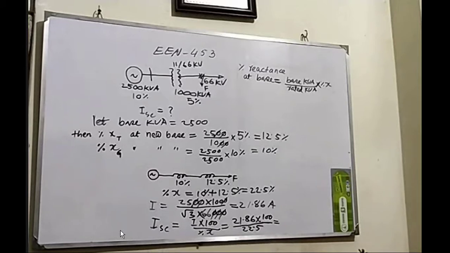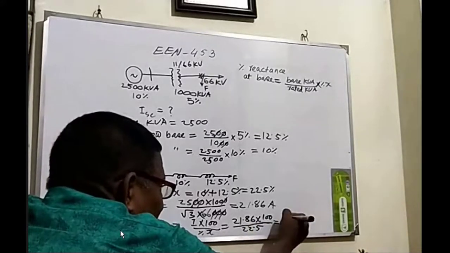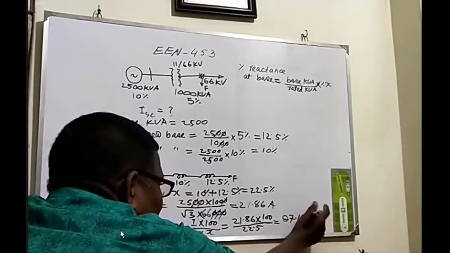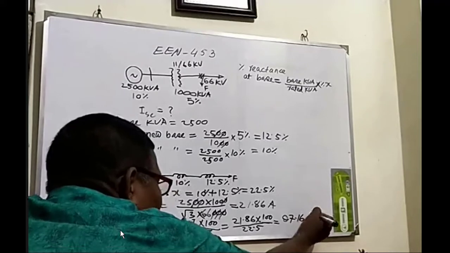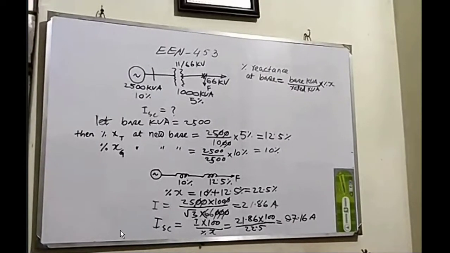ISC is 97.16 ampere. You see that it is a very great short circuit current.